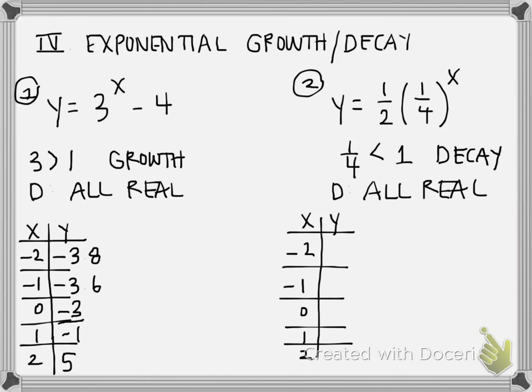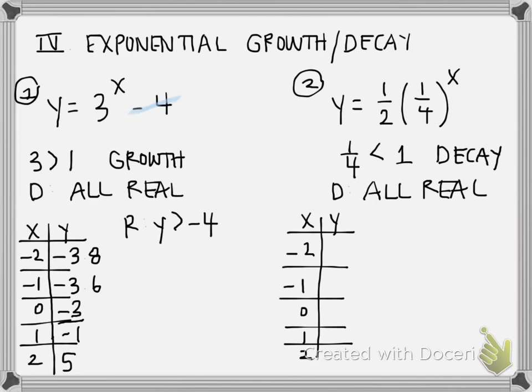Okay, so here, the range is going to get, as you get your exponent, it gets smaller and smaller and smaller. You're getting close to some value of -4. So your range here is going to have to be, y is going to have to be greater than -4.